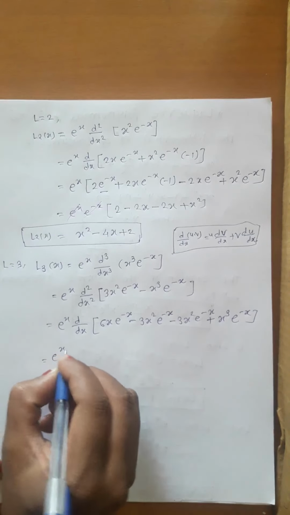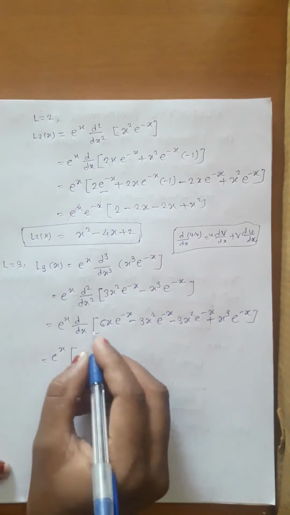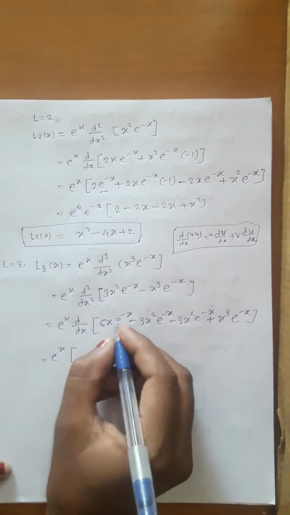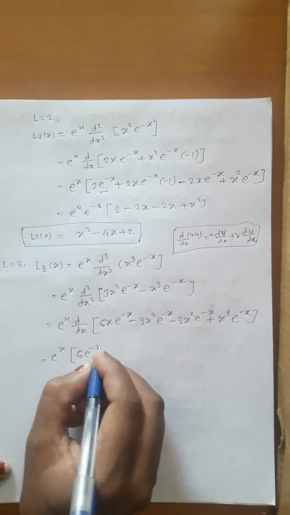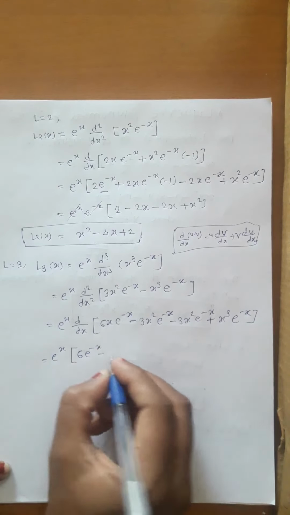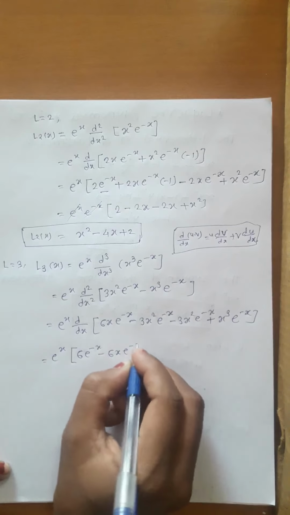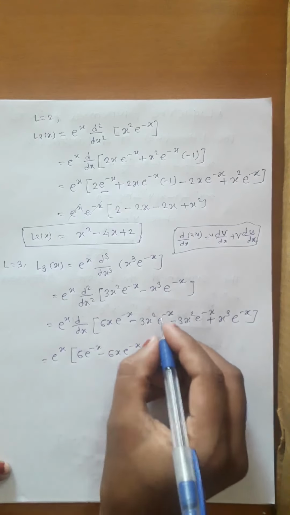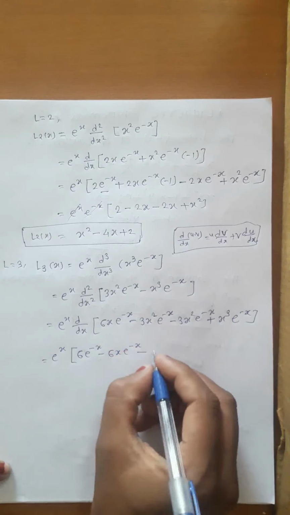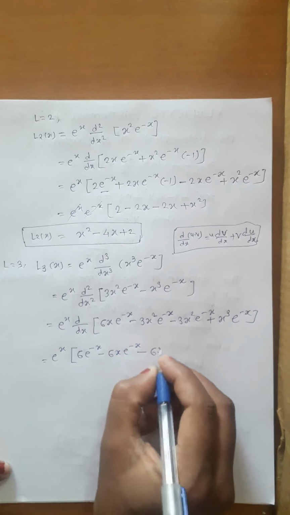Again e raised to x into d by dx of 6x, derivative of 6x will be 6 e raised to minus x minus 6x e raised to minus x, minus derivative of 3x square is 6x.